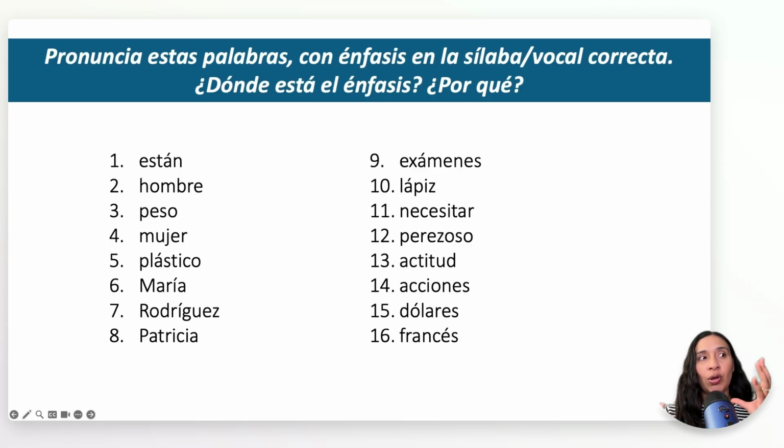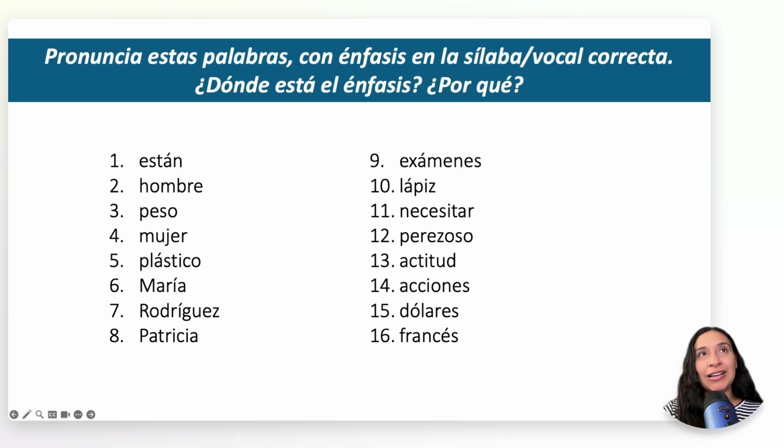Try to remember the pronunciation for the vowels, A, E, I, O, U, and then try to pronounce this and put the stress where it is. Like if it has a tilde, easy. If it doesn't have a tilde, go with the rule that says it goes on the second to last syllable, right? So the penúltima sílaba, put the stress there, and yeah, you're gonna be good.